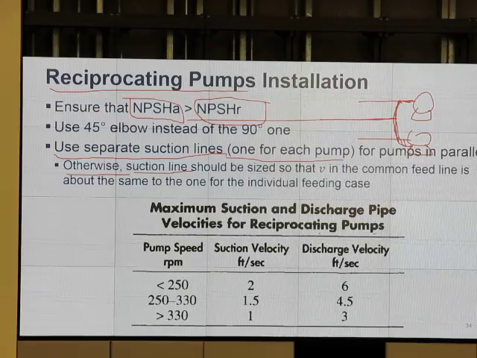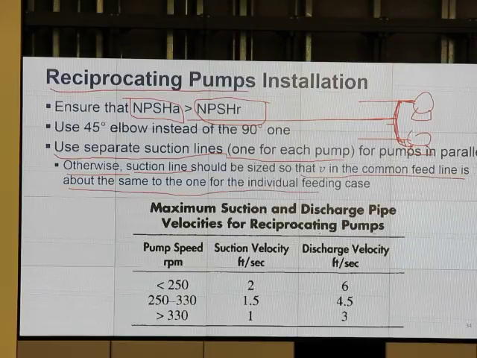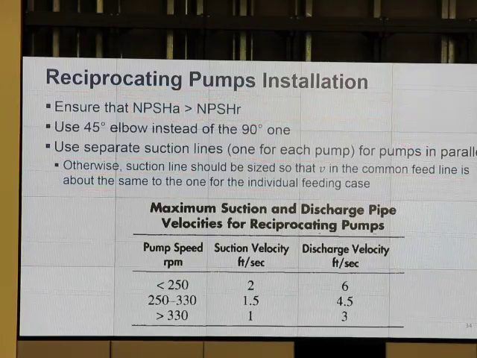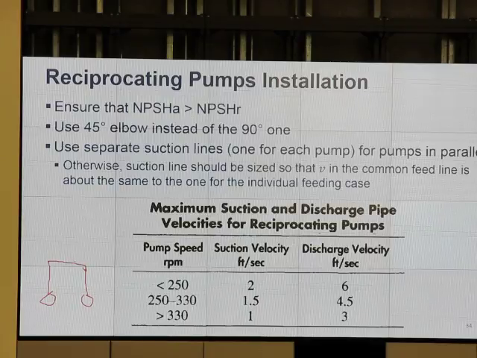PD takes a certain volume in. So we need to make sure that the pipe connected to them is large enough. So we should not share. We have to separate the suction line. The suction line should be sized so that the velocity in the common feed line is about the same as for the individual feeding case. Of course, at some point we have to share it. So we have two pumps, one line each, and we share it to another line and connect to a tank.